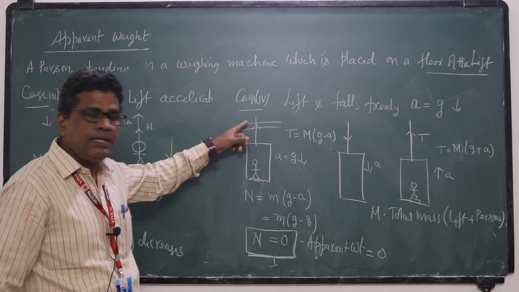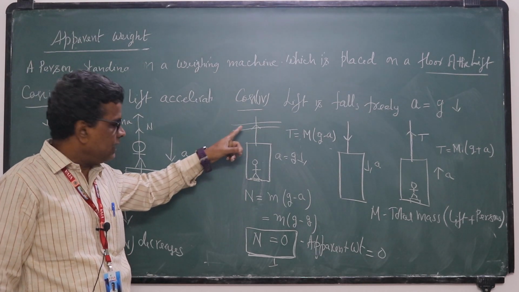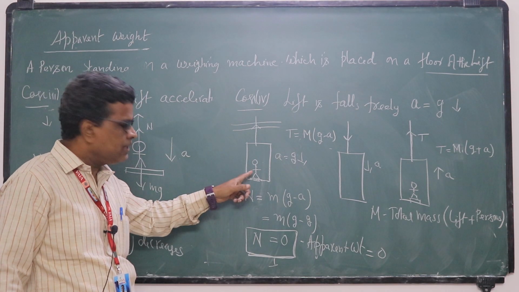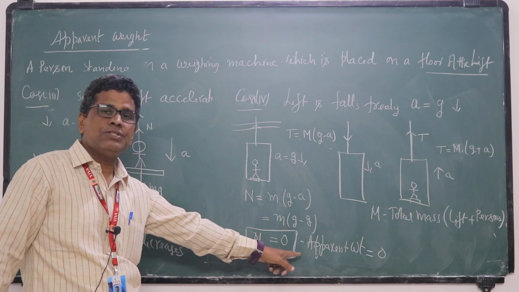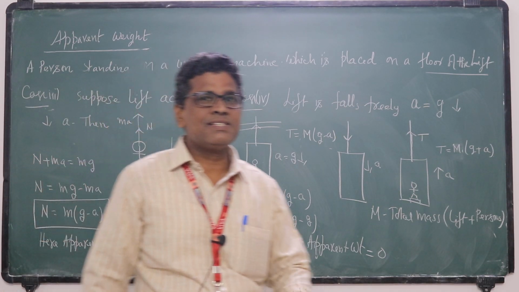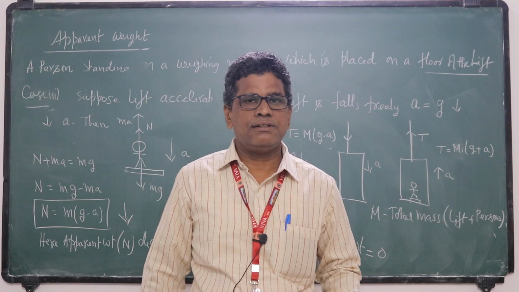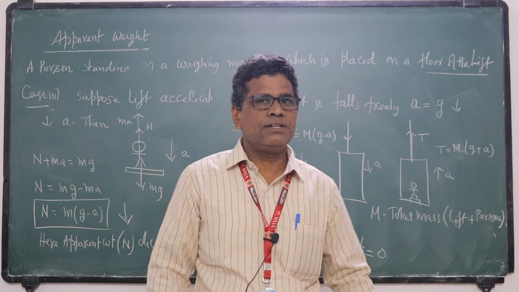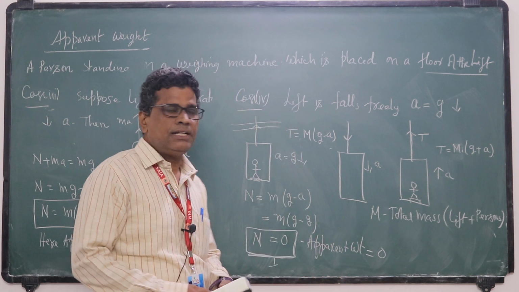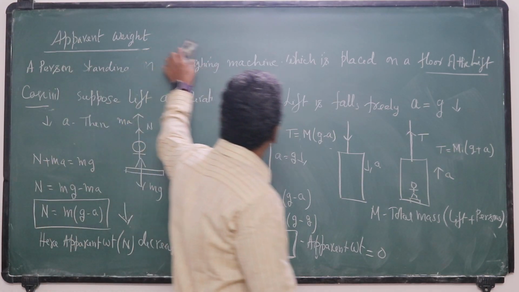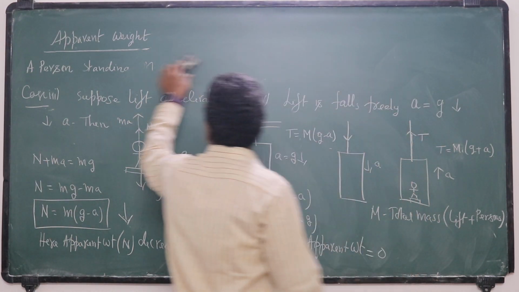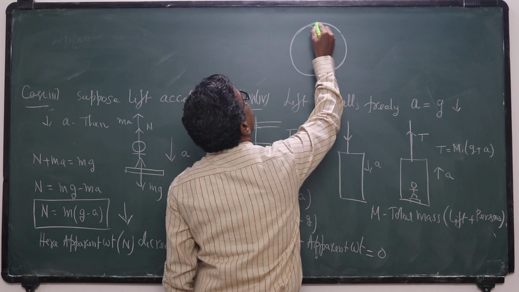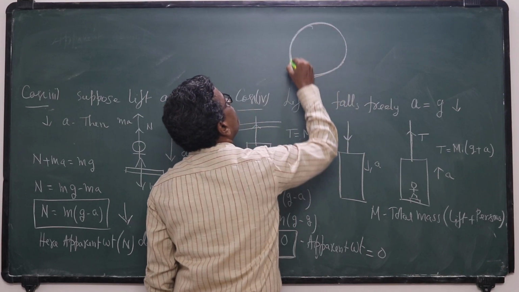That means if suddenly the string that carries this lift breaks, then the weight of the person shown by this weighing machine is 0. That means the man feels weightlessness. That you experienced in giant wheels, that is children's play in a roller. See, in these giant wheels, children will play.